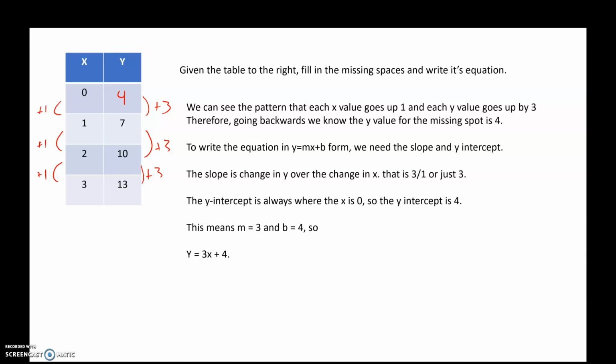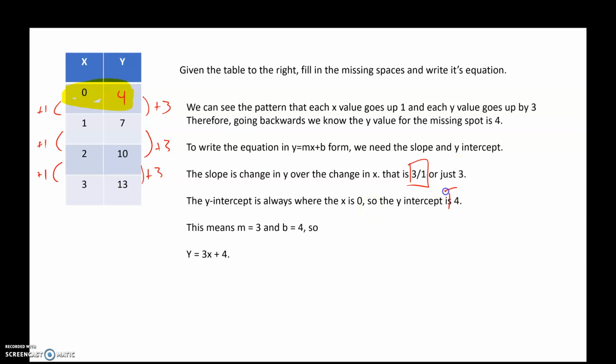So if we were going to write this into slope-intercept form, we need the slope and the y-intercept. Well, here's what's cool. The y-intercept is always going to be the y value where your x is 0. That's your letter b. That's kind of nice. And then the slope is the change of y over the change of x, so that is 3 over 1.